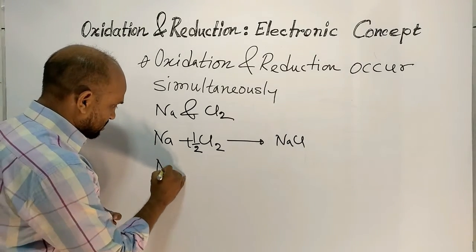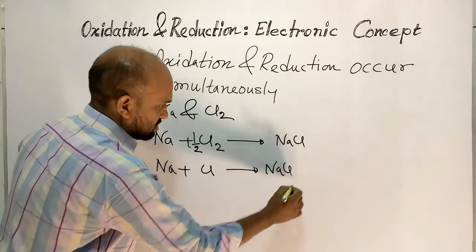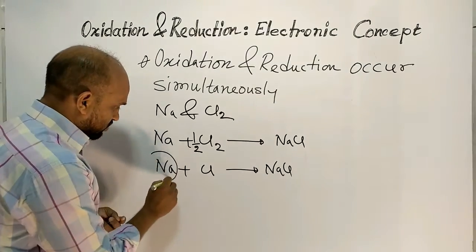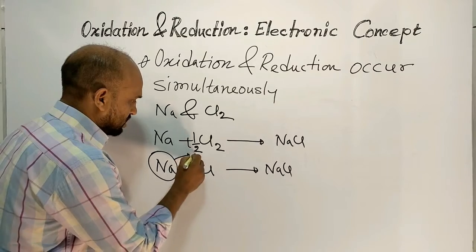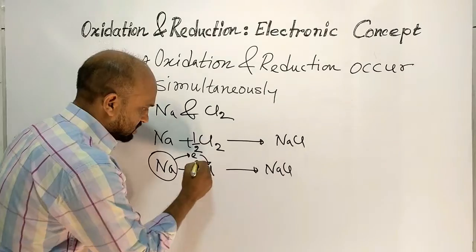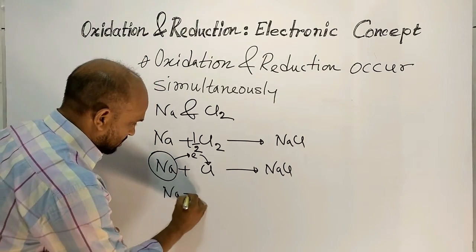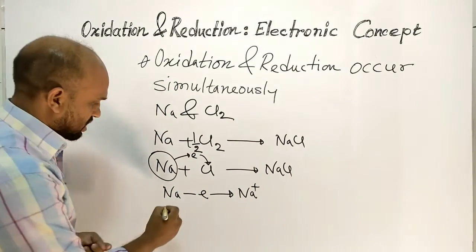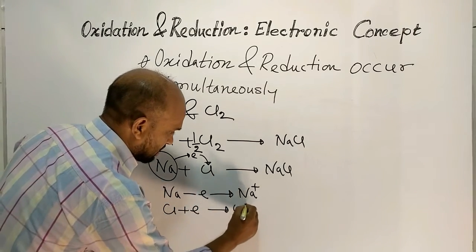Simply we can write sodium and chlorine form sodium chloride. In this reaction, sodium releases 1 electron from its outermost shell and chlorine accepts that electron. When sodium releases 1 electron, sodium ion is formed, and chlorine accepts that electron and chloride ion is formed.